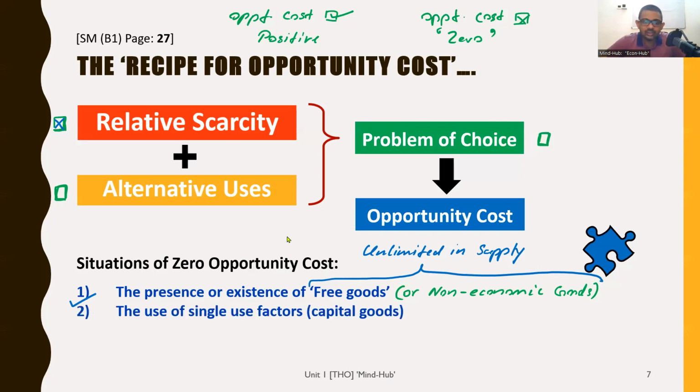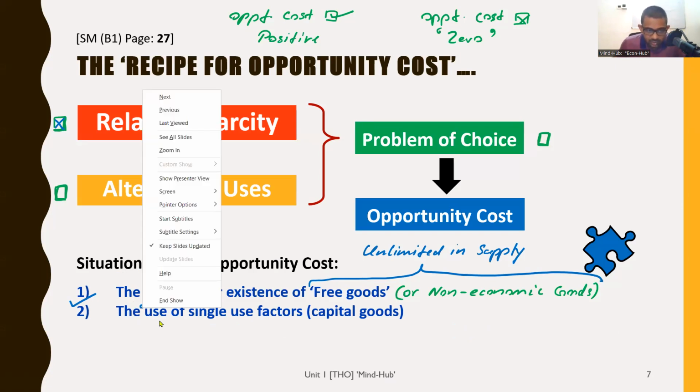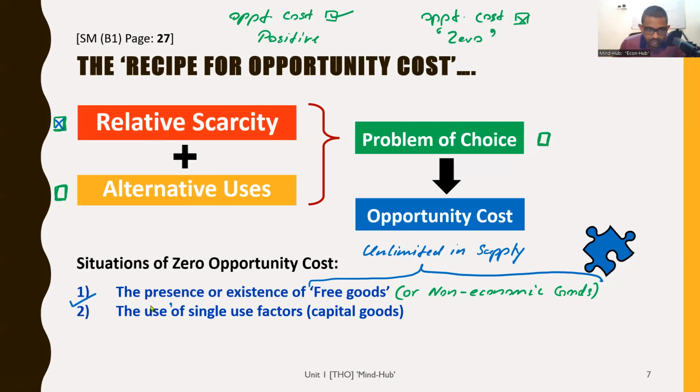Please write number 2. The use of single-use factors or capital goods. Use of single-use factors or capital goods. And I want you to give a bit of importance to this word here, use. Use of single-use factors. We are not talking about making them, producing them. Right, so what are single-use factors?